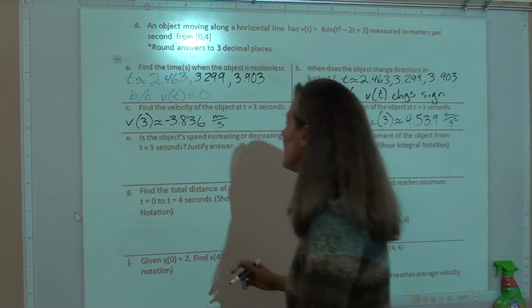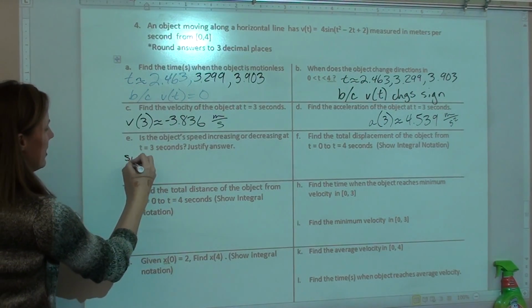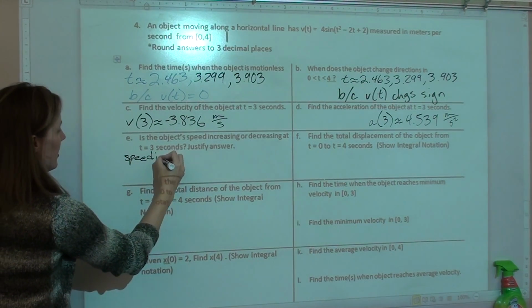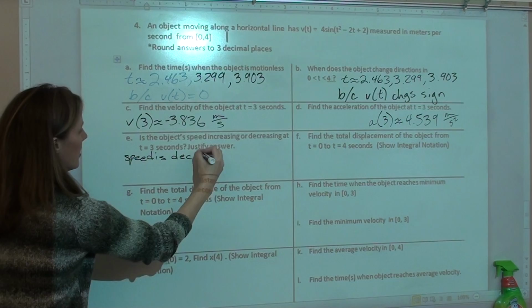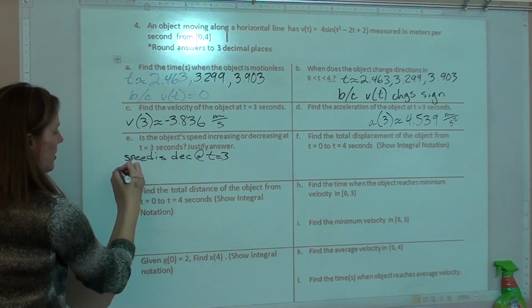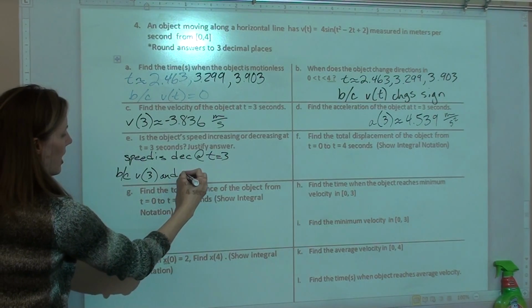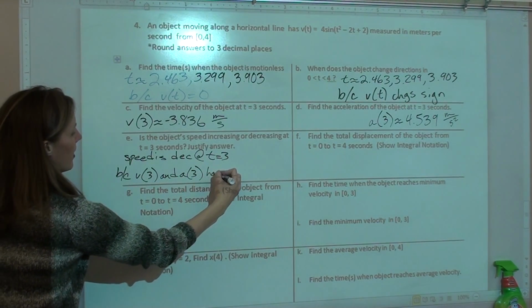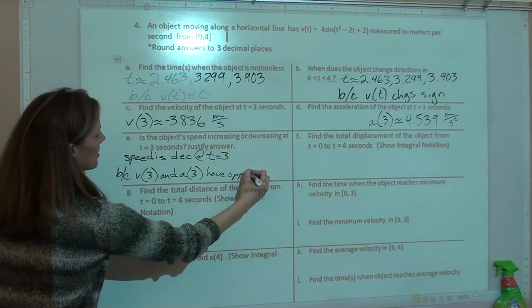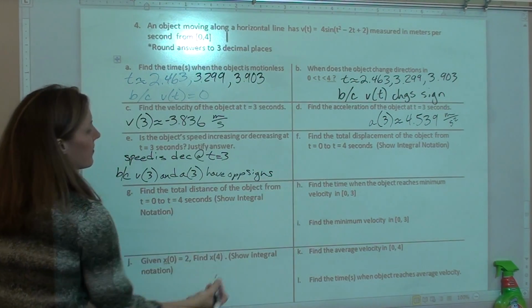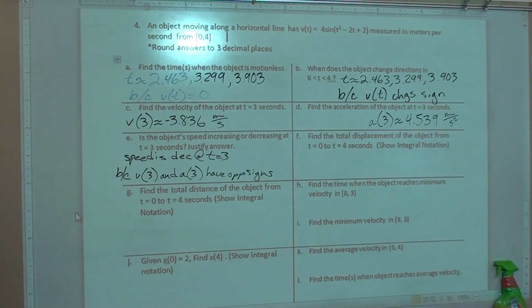Yes, it's decreasing. So speed is decreasing at t equals 3 because v of 3 and a of 3 have opposite signs. Does that make sense? Everyone okay with that?